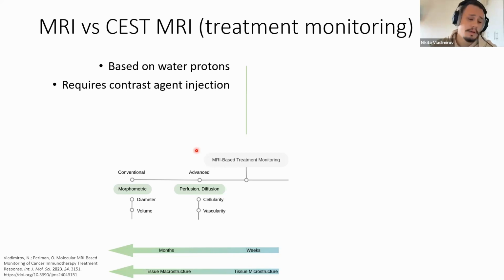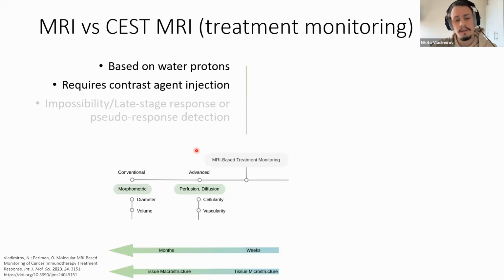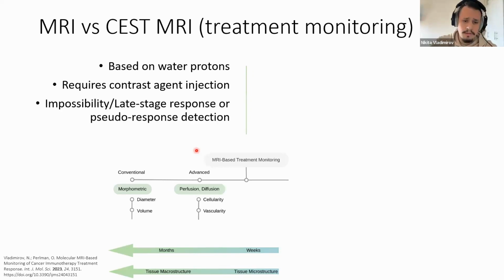And if you look at some standard protocol for the doctors on how to monitor treatment, you will see that it always requires contrast agent injection like gadolinium, but it has some toxic effects. It accumulates in the liver and it's not favorable in a lot of cases. Another drawback is the impossibility of detecting late stage response or pseudo response.